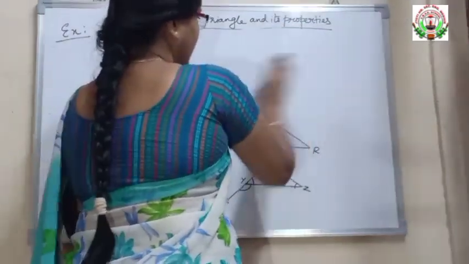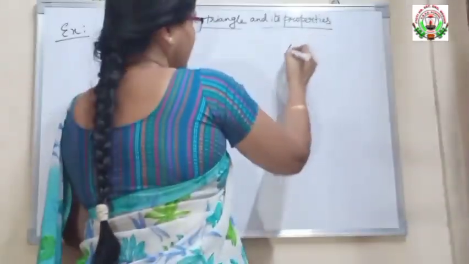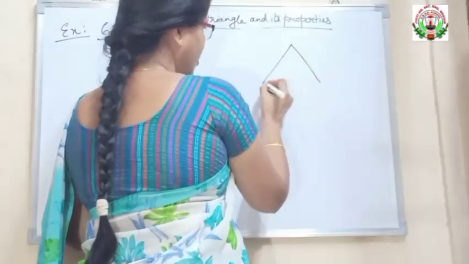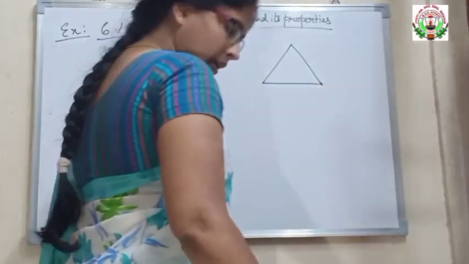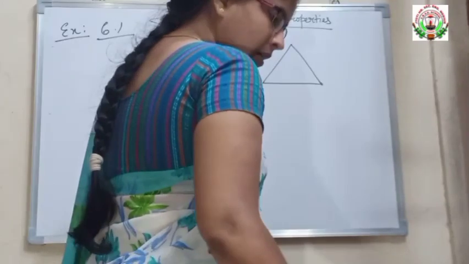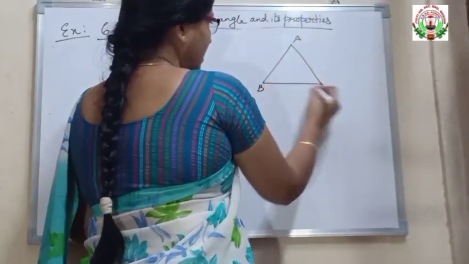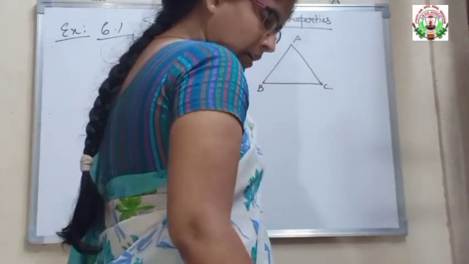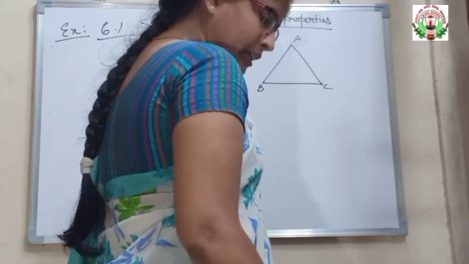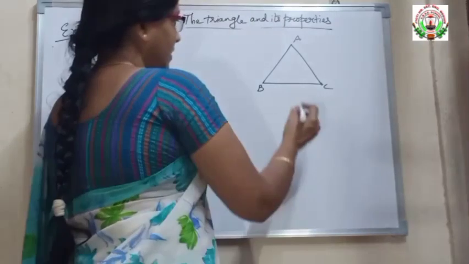So for the third part, I am drawing an isosceles triangle. They have given A, B, C. What they have asked, if a median and altitude of an isosceles triangle can be same.